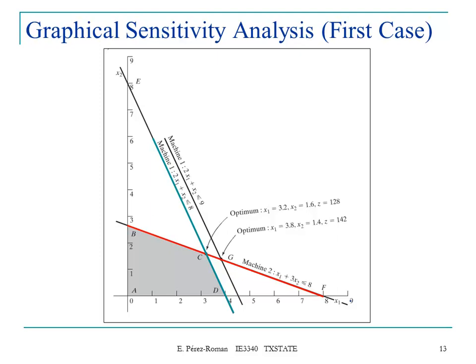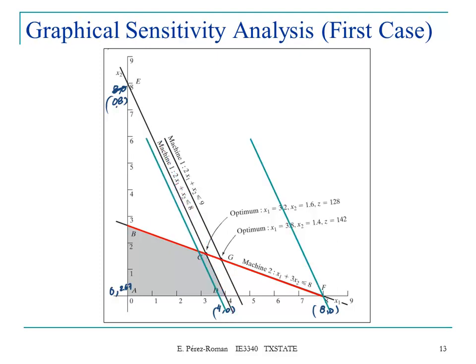So this point is 8, 0. This one will be 0, 8, and this one will be 4, 0.